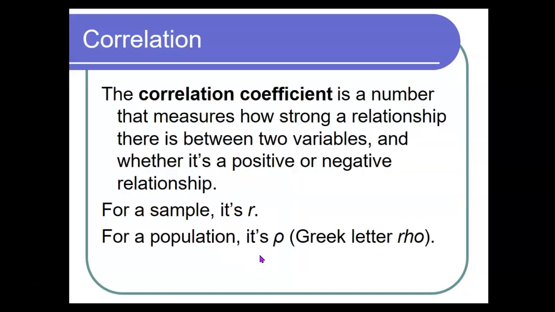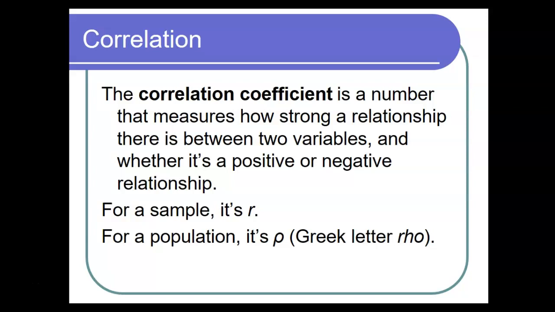Now let me talk about that number R that we call the correlation coefficient. That's a number that measures how strong a relationship there is between two variables and whether it's a positive or negative relationship. For a sample, we use the letter R, just a lowercase r, for the correlation coefficient.